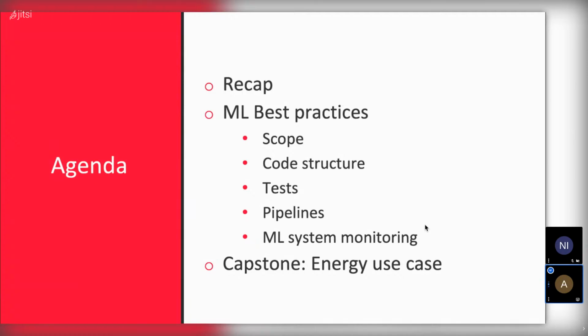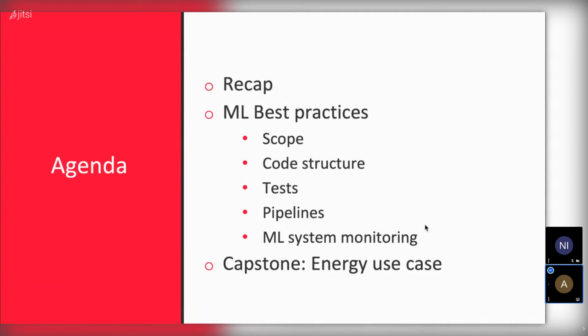We spend some time on tests, on the concept of pipelines, and on machine learning system monitoring. Then at the end, we switch to the Capstone Energy use case, where we will welcome Inge from Dexter, and she will present the full case for you. Further information will be provided.